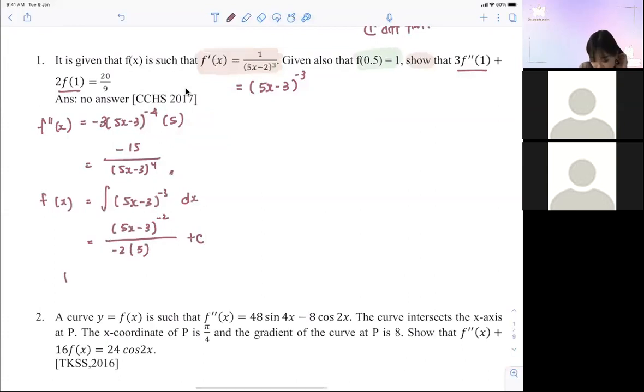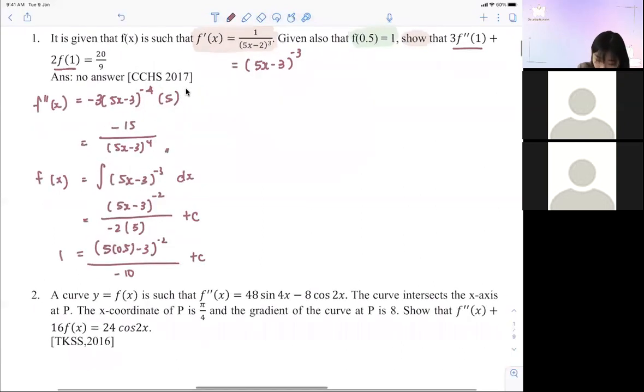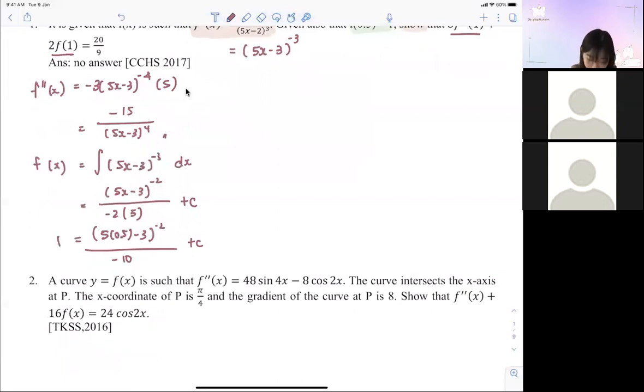Okay, so 1 equals to, okay, put in the calculator.